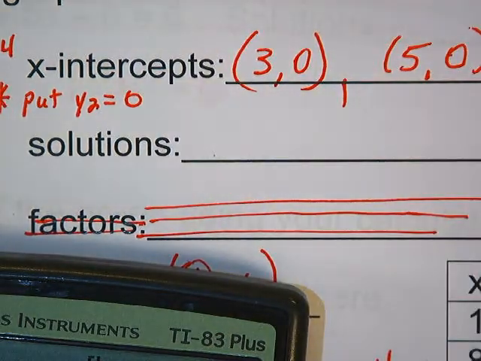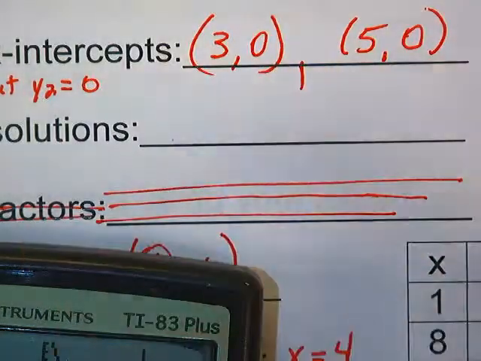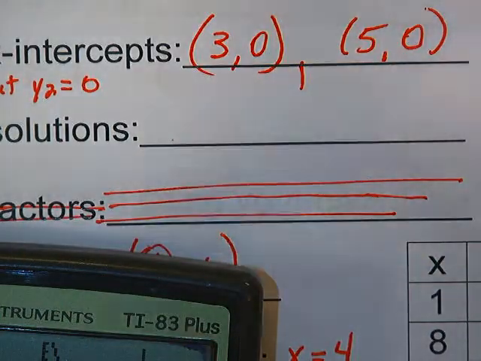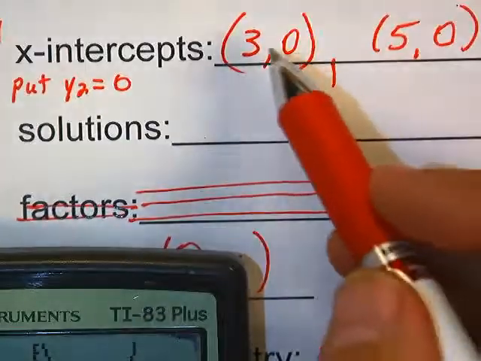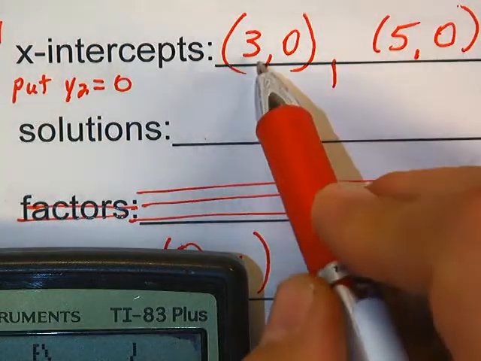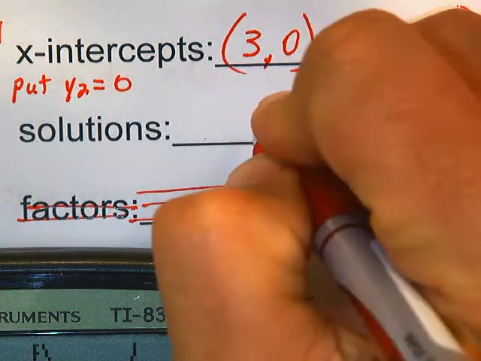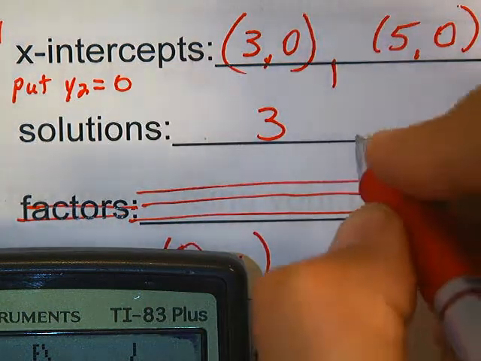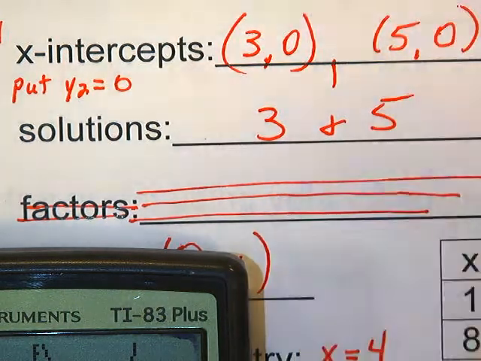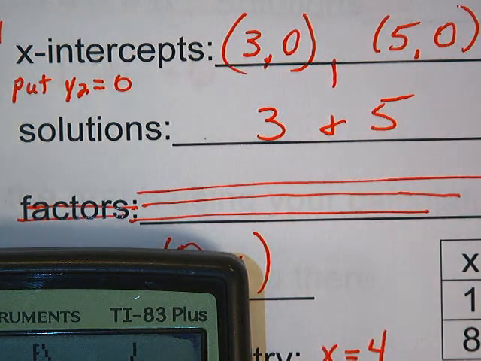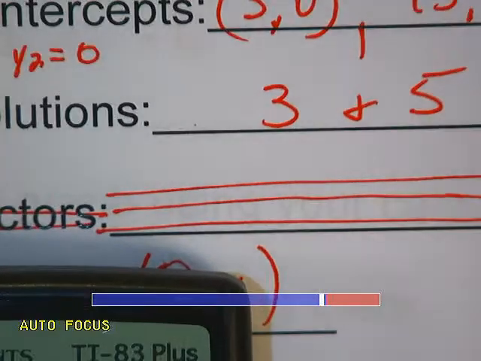Now, x-intercepts and solutions are the same thing, except x-intercepts are a point, solutions are just the x value of the point. What's the x value here? That's 3. That's one of the solutions. And the x value of this one is 5. There are my 2 solutions. Now all we have to do is sketch the graph.